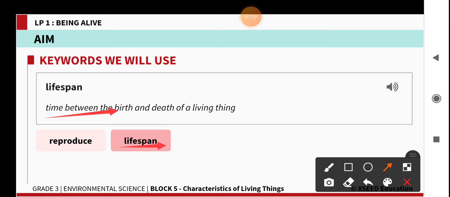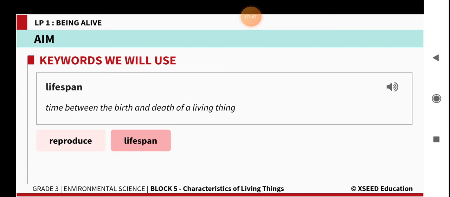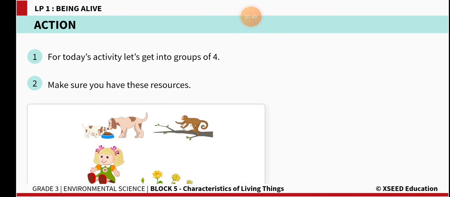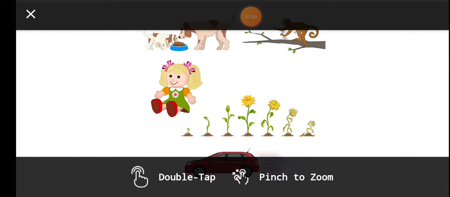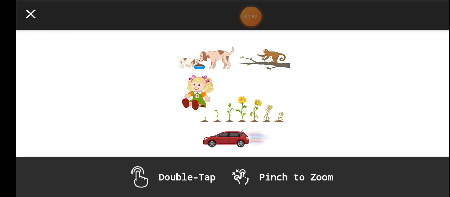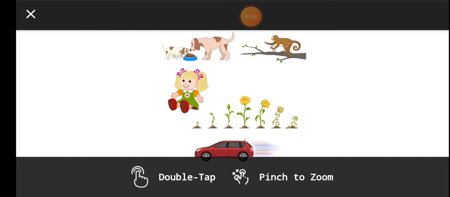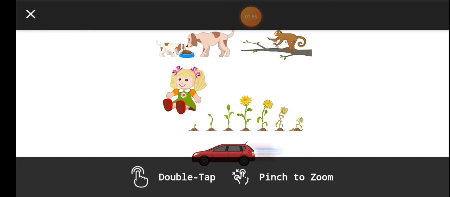Understood? Now we will do one fun activity to understand living and non-living things. Here some pictures are shown to you. You need to find out which are the living things and which are non-living things.